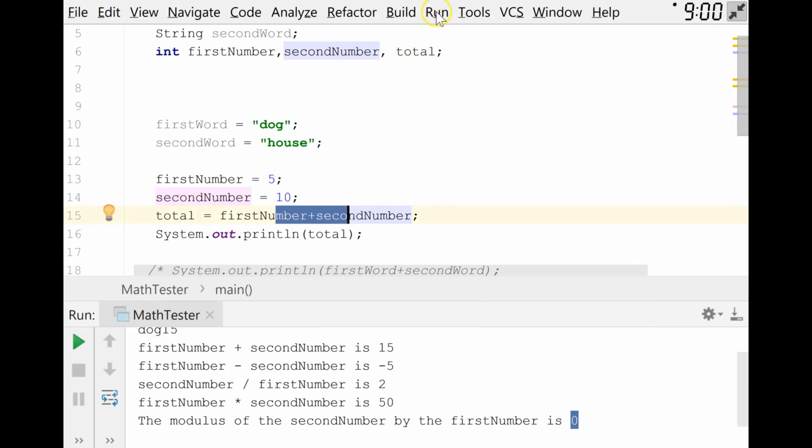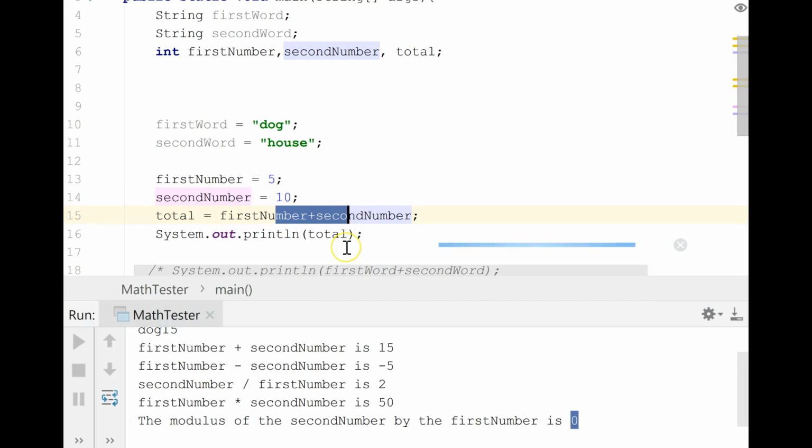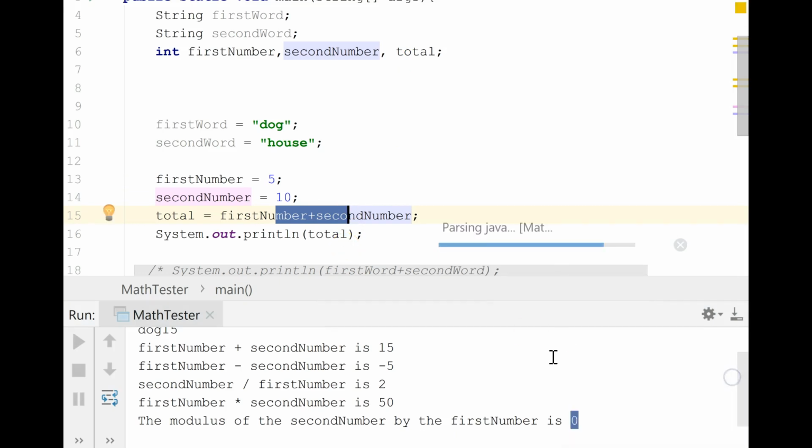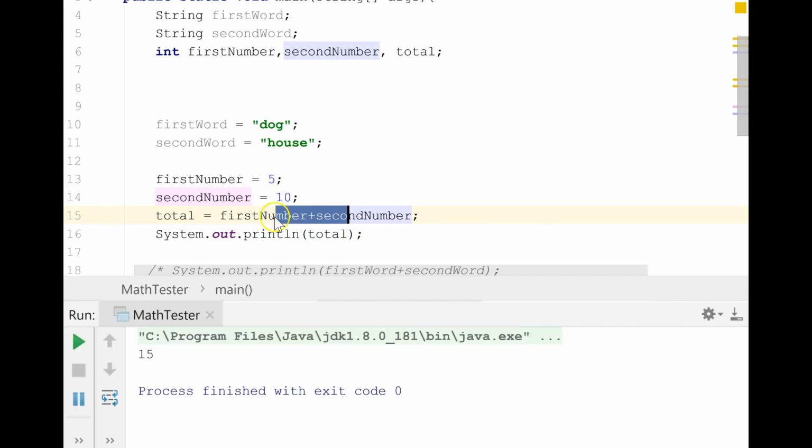Okay. But I have to be careful, because if I am trying to print out something, or I'm capturing the total of something, it doesn't work backwards, so I can't add to that total and have this be correct if it's out of order. So it's still printing out 15, so that's correct.